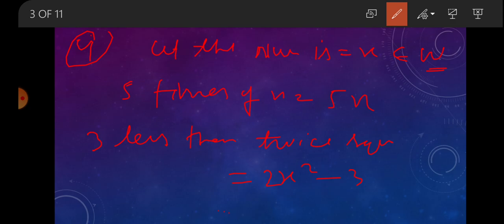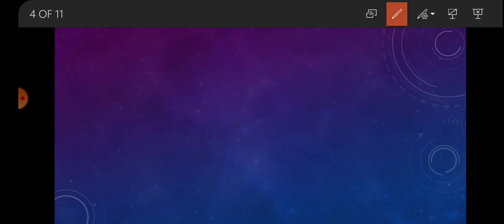This is what it means when it says 3 less than twice the square. Now the question says these two are equal. So I equate 2x square minus 3 equals 5x. Now I bring 5x to the opposite side: 2x square minus 5x minus 3 is equal to 0.